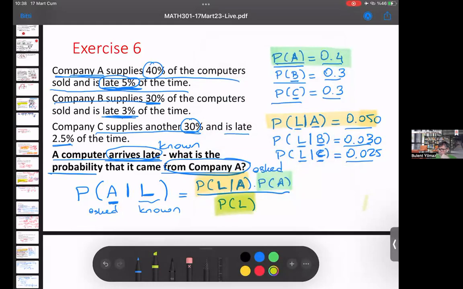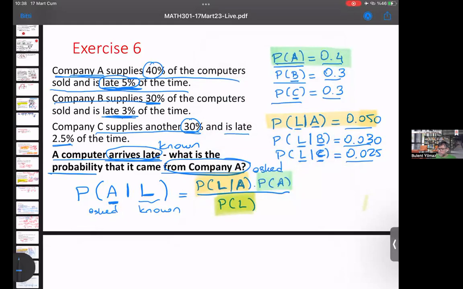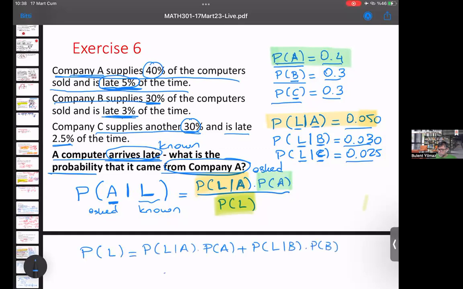So I have to use the total law of probability. P(L) is going to be P(L given A) times P(A) plus P(L given B) times P(B) plus P(L given C) times P(C).